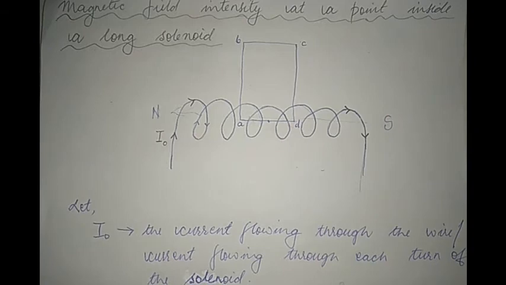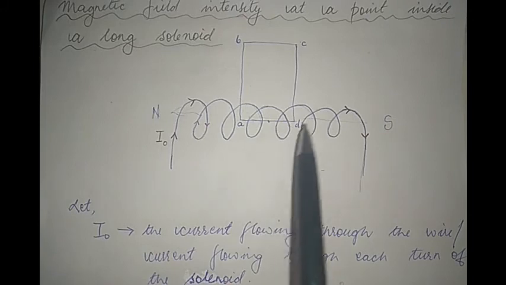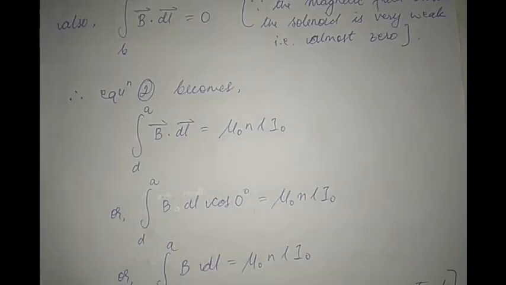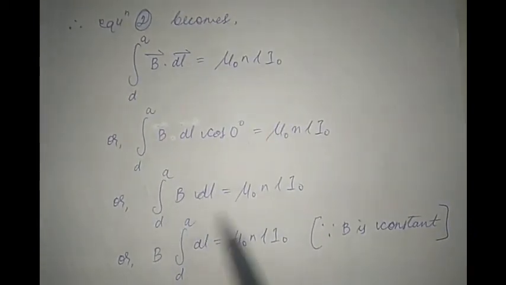That is, the angle theta between the magnetic field and the elemental length when we integrate over dA is 0. Therefore, this equation can be written as B dl cos of 0 degrees, which is mu naught N L I naught. The right hand side is the same.